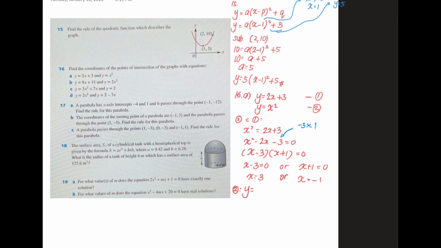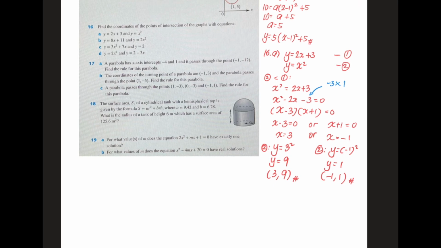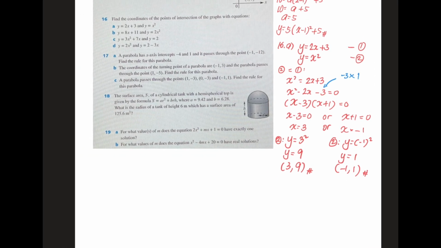Let's say I use equation 2, y equal to x squared. I substitute x as 3, so 3 squared, y equal to 9. Using equation 2 again, y equal to x squared, y equal to 1. So I have 3, 9, and I have minus 1, 1. These are the 2 points of intersection. So this is 16a.